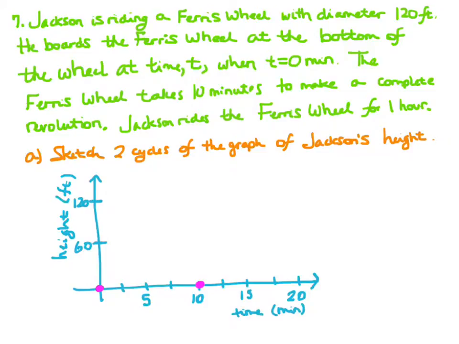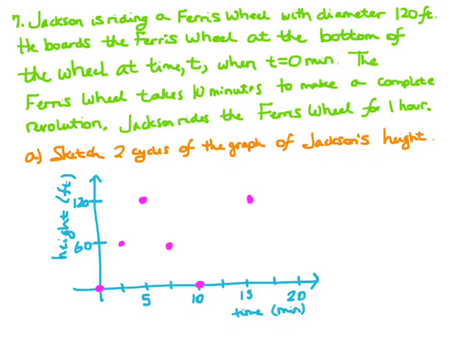Halfway through is when he's going to hit the high point. He's going to be at the top of the Ferris wheel at 120. That's going to happen at 5 minutes. And then at 2.5 minutes, we should be halfway to the top. And at 7.5 minutes, we should be halfway back down. And then the next cycle is just going to repeat the same pattern.